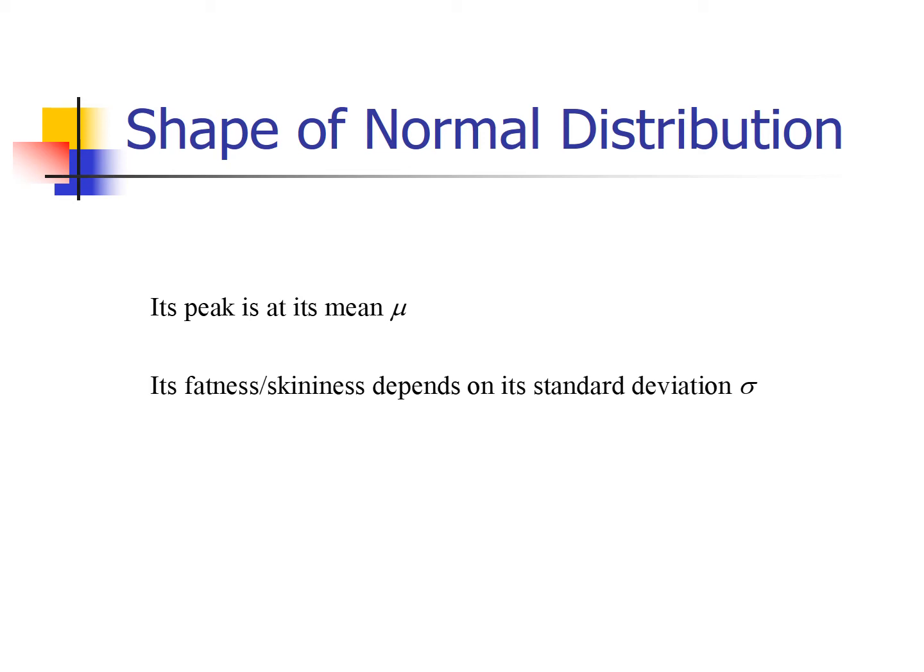The peak of this bell-shaped curve is the mean of the random variable. Its fatness or skinniness depends on its standard deviation, sigma.